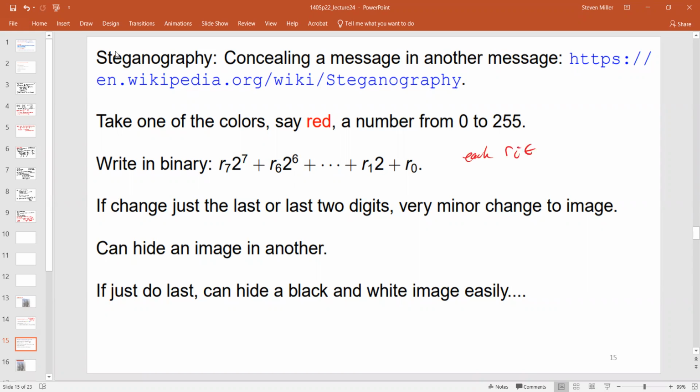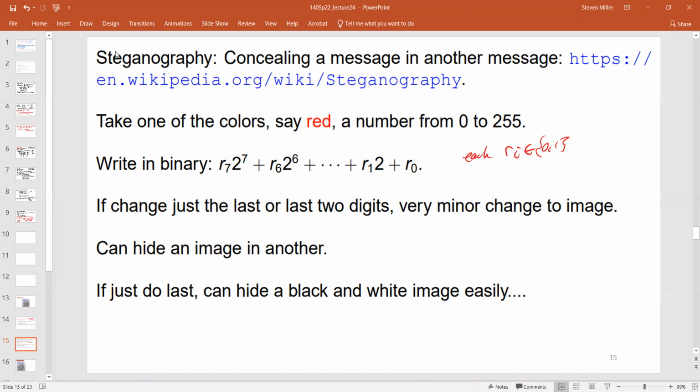Each Ri lives where? What are the possible values for expanding something in binary? 0 and 1. So if I change just the last digit, I've changed the value of my color by at most 1. So 1 out of 255, that's about 0.5%.